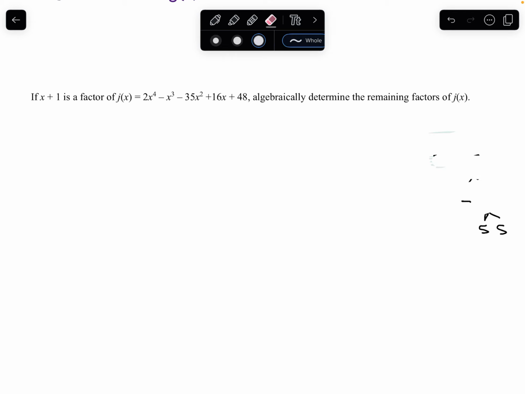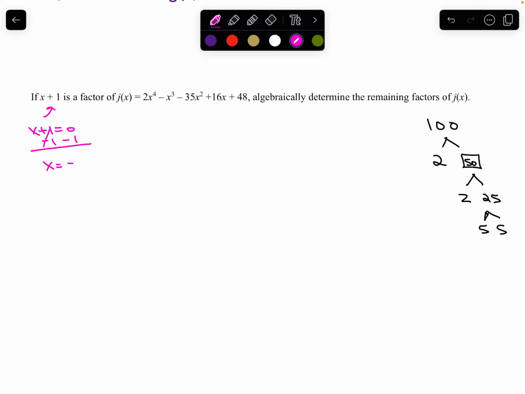Okay, so I'm just going to show you, let's get rid of this here so we have more space, synthetic division first. So if we're using synthetic division, we use the 0 of the divisor, which in this case is going to be -1.